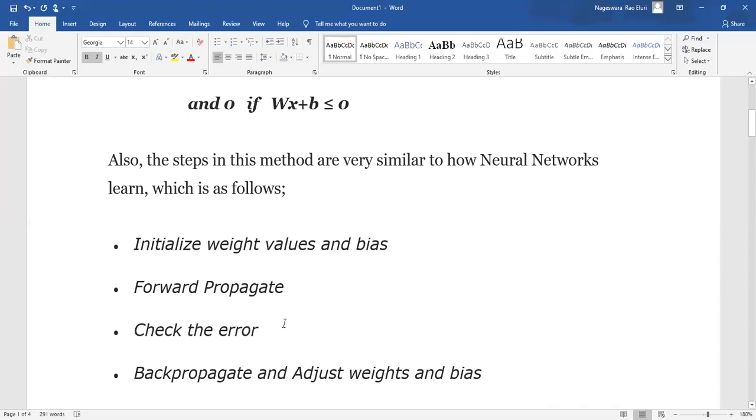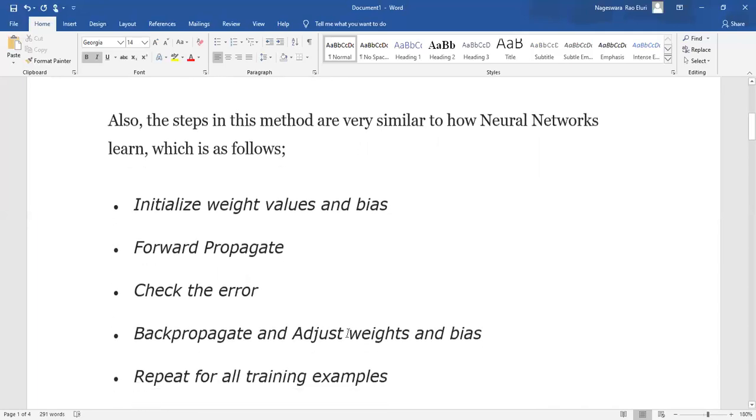Next, check the error. Error means the difference between the predicted output and the actual output, or the actual response from the neural network. If the error is optimized, there is no need to adjust the weights.